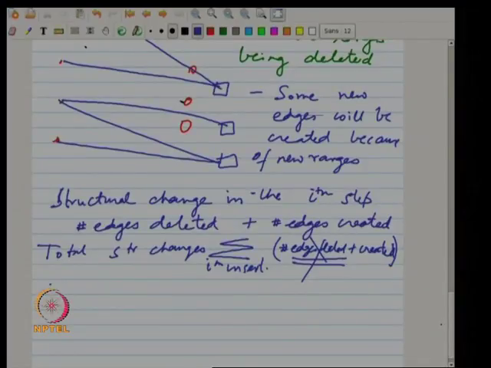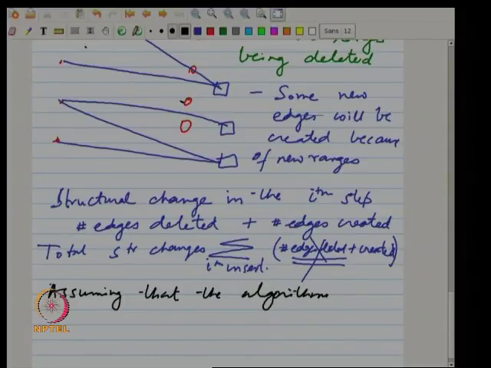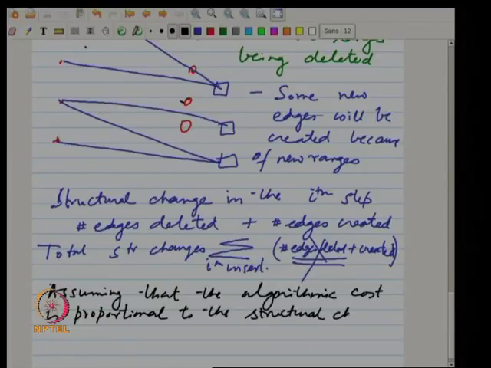This is another thing that I mentioned before, assuming that the algorithmic cost is proportional to the structural changes of the, so this is called the conflict graph.